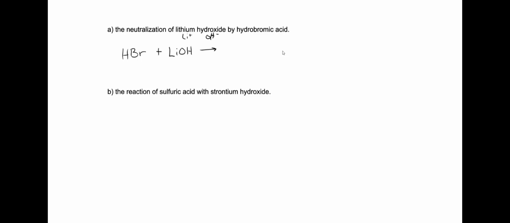And acid plus base makes water plus salt. And what's the salt here? The positive ion was the lithium ion, and the anion was the bromide. So this would give us lithium bromide.